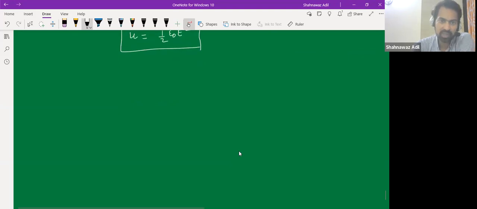Okay, so now this part is very important. You have to remember this. We have three cases. In two cases, the battery is connected.